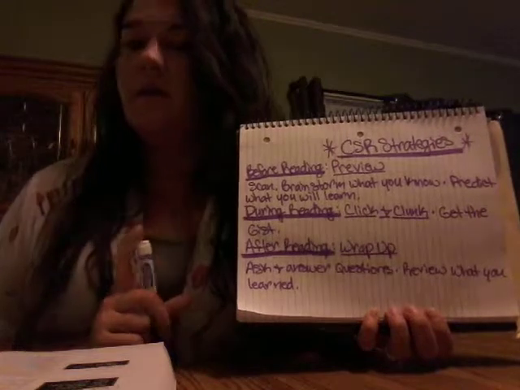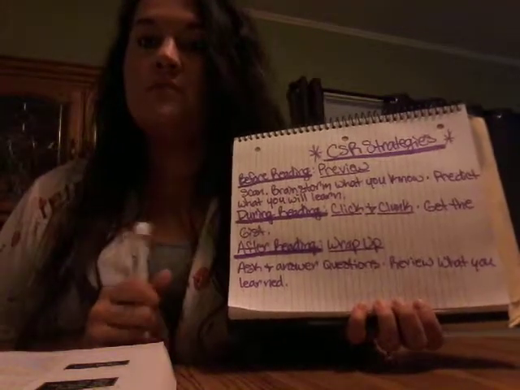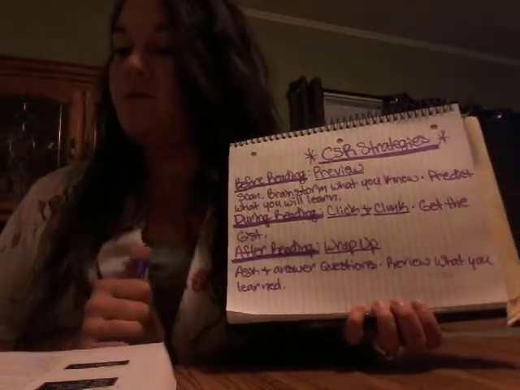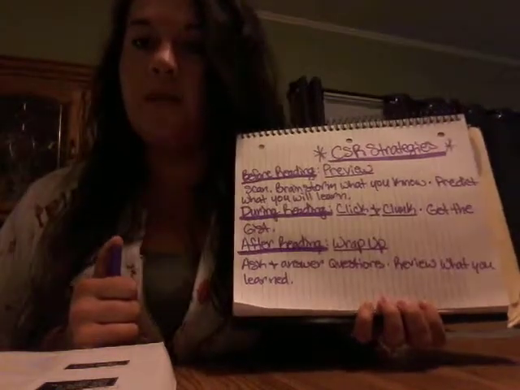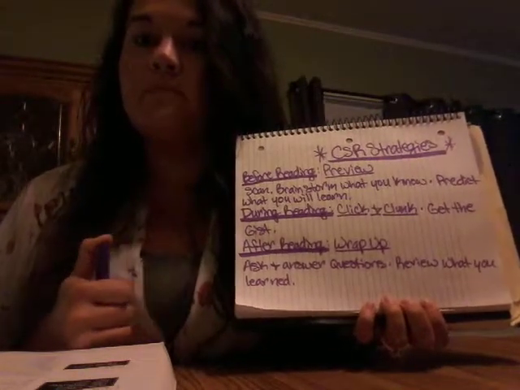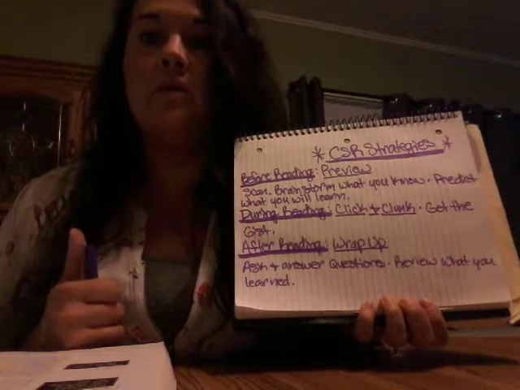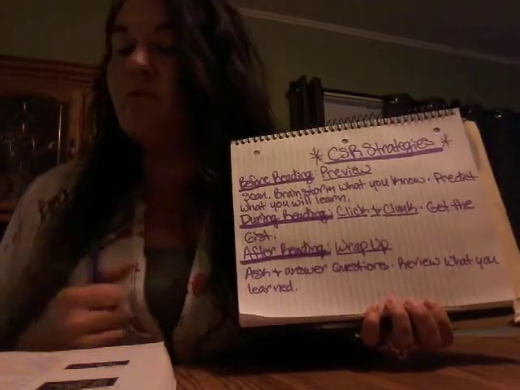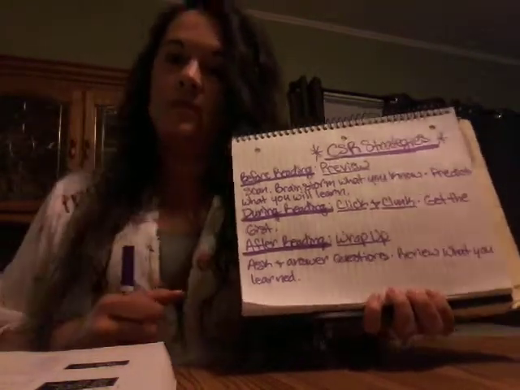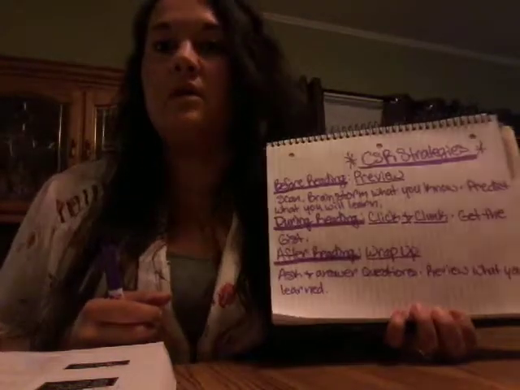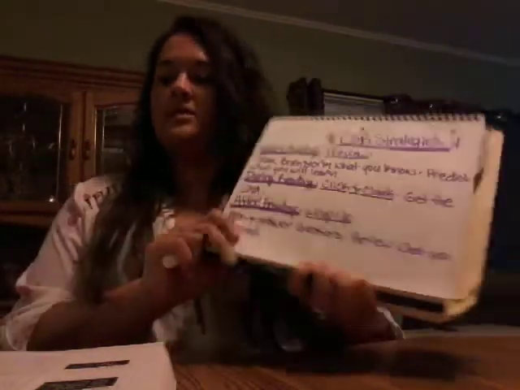So for this part, I want you guys to ask and answer questions about the reading, questions that you may know or that you didn't know. And then I want you to review over what you've learned with your elbow partner sitting next to you.